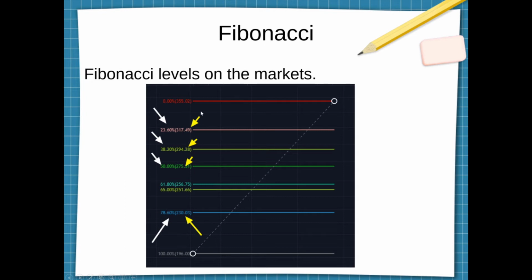Now, the most important thing about Fibonacci is this: you have a set of sequences, and you have the 23%, 38%, 50%, 61%.